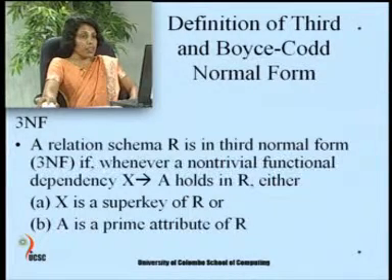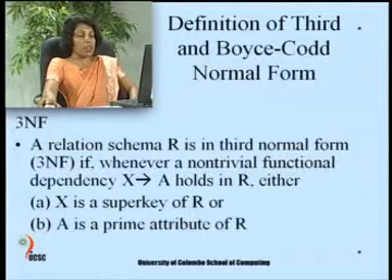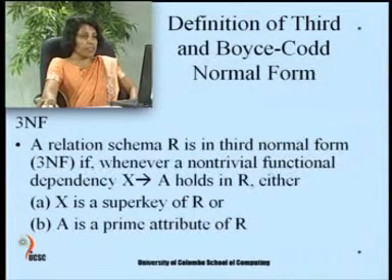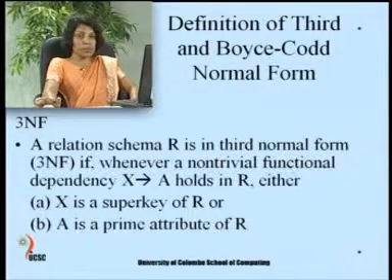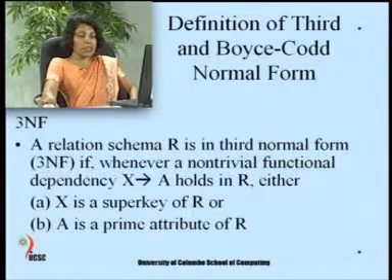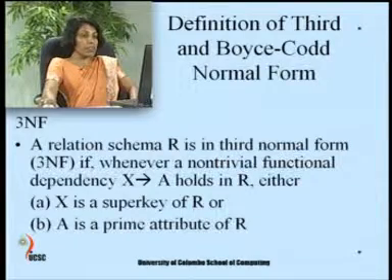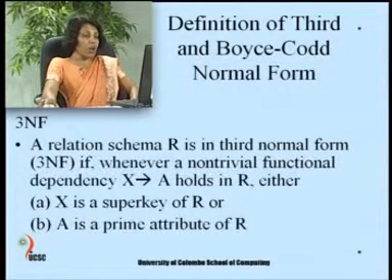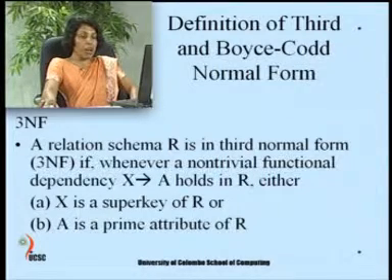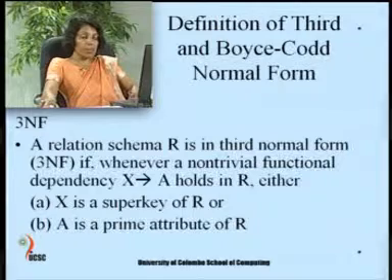So, if we analyze the difference between third normal form and Boyce-Codd normal form, you can see that, using the formal explanation given here, a relation schema R is in third normal form whenever a functional dependency exists between the attributes X and A, that is, when X becomes the determinant of A, X could be a superkey of the relation R, or A could be a prime attribute of R. What is a prime attribute?